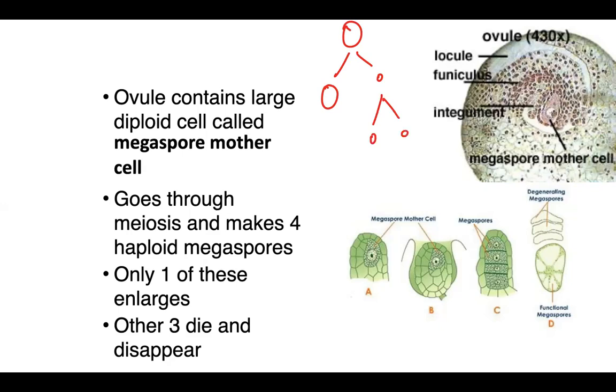This is meiosis 2. And after meiosis 2, again, one of them takes the majority of the cytoplasm. This becomes the ovule or the egg. And these 3 are called polar bodies, and they degenerate. Okay, same thing happens here.